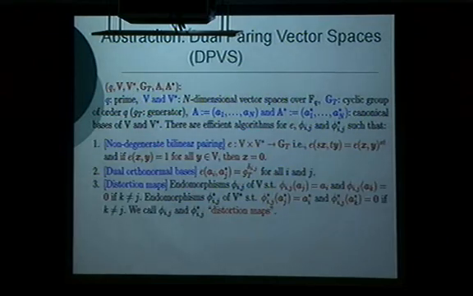there are three properties. The first one is bilinear pairing. So e is a bilinear pairing over V times V star to G_T, and it has the property of bilinearity and non-degeneracy. The second one is the dual orthonormal property for the canonical bases.